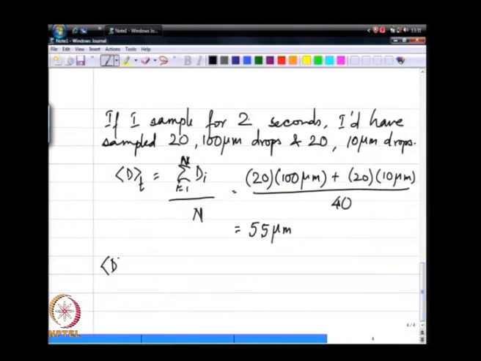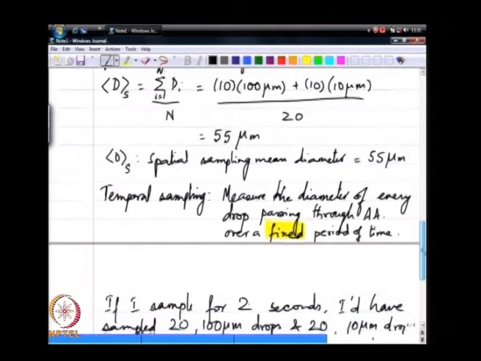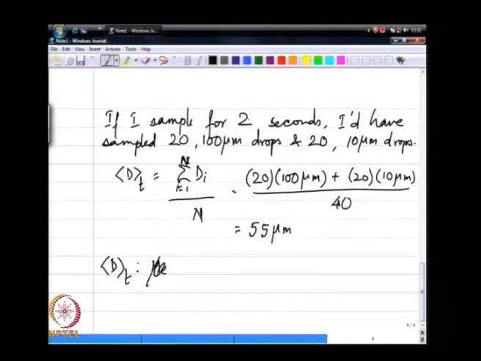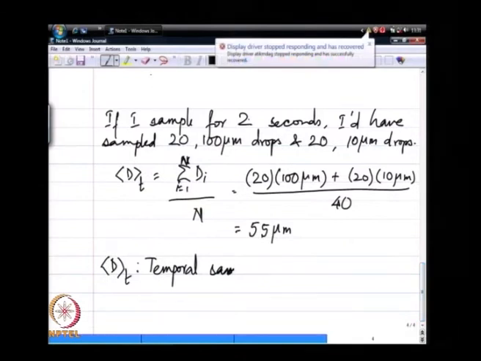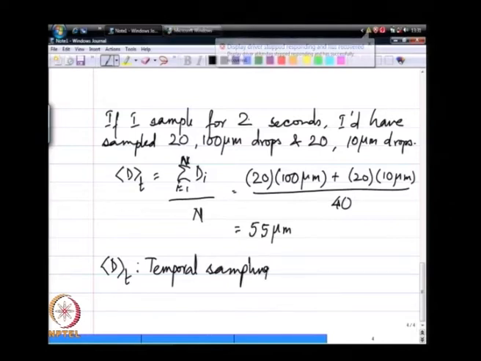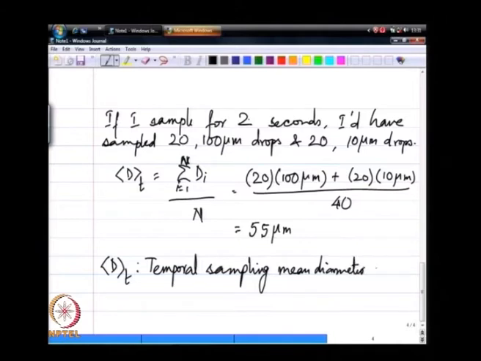So, as it turns out, the temporal mean diameter is also 55 microns.